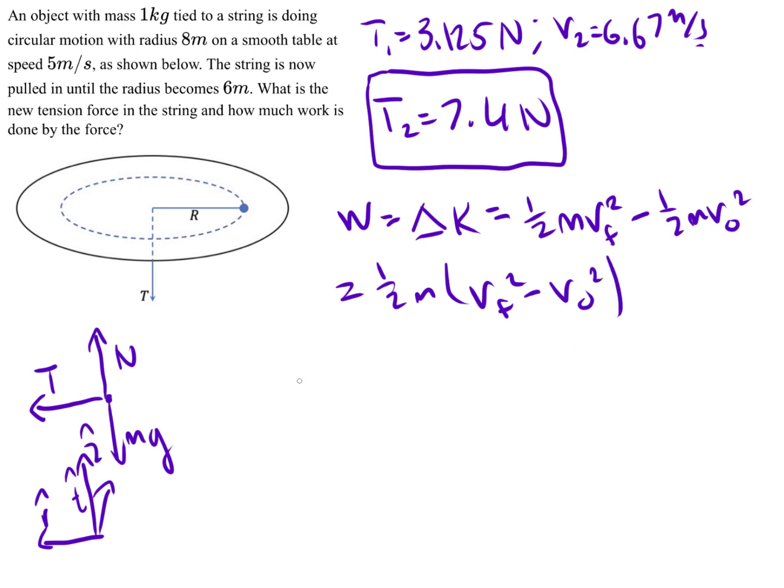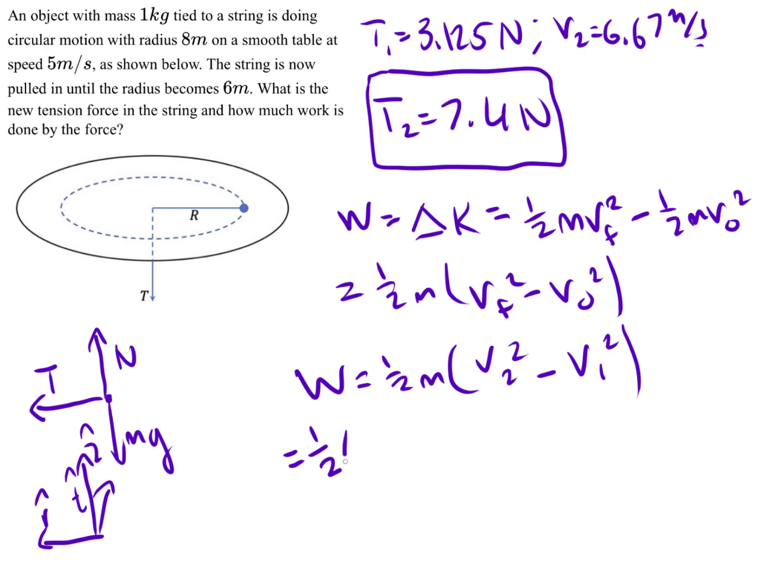And in our case, we can apply this: 1/2 times the mass, and our final velocity is v2, minus the initial velocity v1 squared. And we already have everything in here, so we can go ahead and plug in our values. So this becomes 1/2 times 1 times v2 squared, the value that we calculated, minus v1 squared, which is given in the problem.